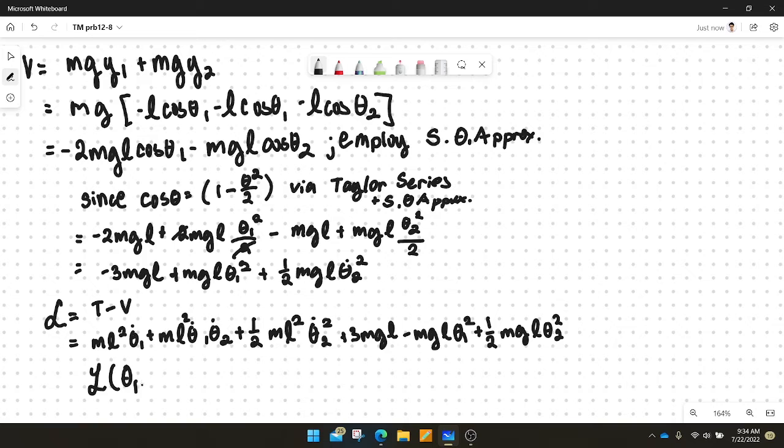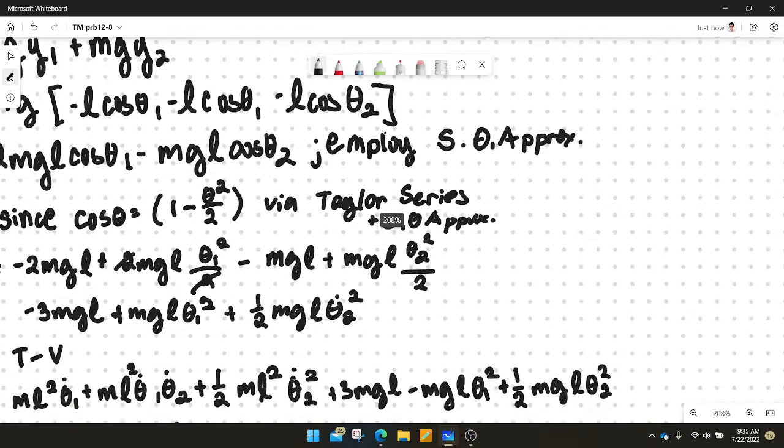Since our Lagrangian is a function of theta 1, theta 2, their time derivatives theta 1 dot and theta 2 dot, and indirectly a function of t, it has 2 degrees of freedom.